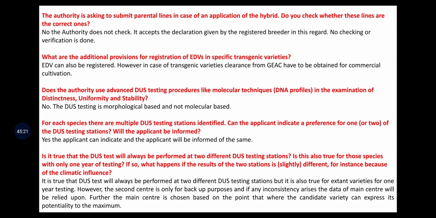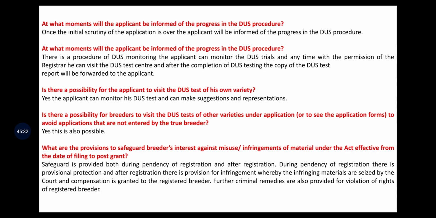Further, the main center is chosen based on the point where the candidate variety can express its potentiality to the maximum. That means where the candidate variety has to be released or is already released, at that station or that place, the test must be conducted.